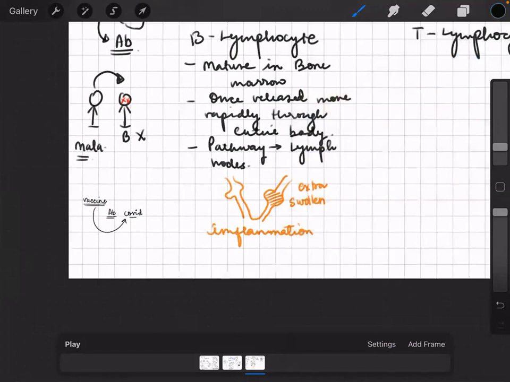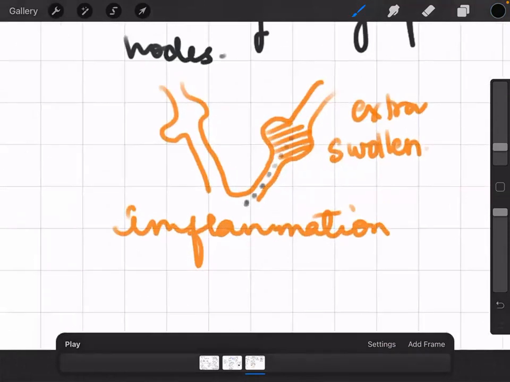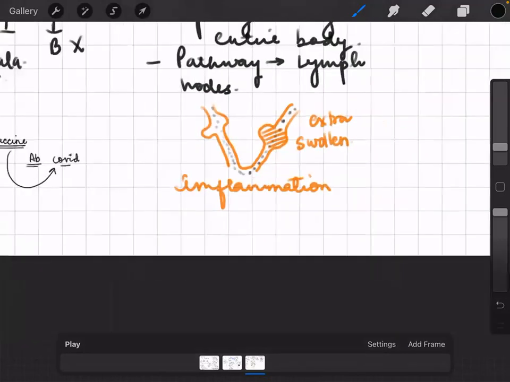But these B lymphocytes are going to use this particular structure, which is called your lymph nodes, and they're going to move all across your body through these structures. Okay, along with your lymph nodes, your B lymphocytes also go to another organ, which is called the spleen.